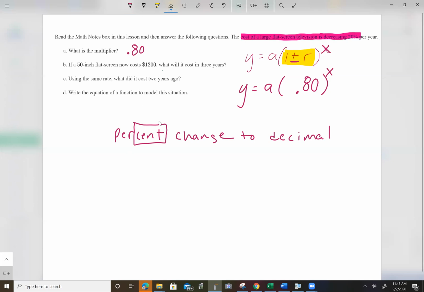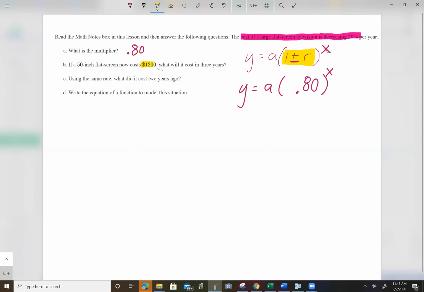Okay. The second question says, if a 50-inch flat screen now costs $1,200, what will it cost in 3 years? So this, we're going to have to substitute some numbers in.